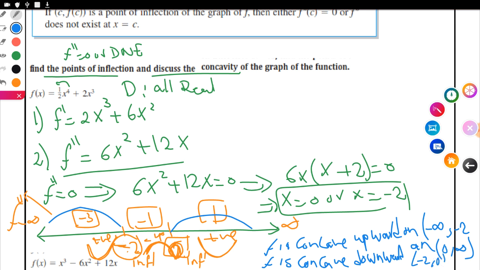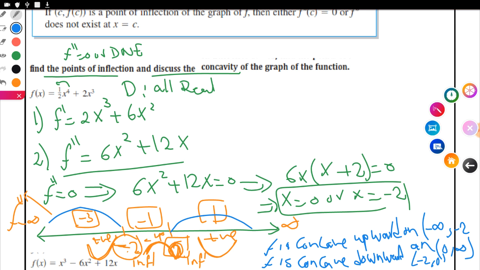But I'm not talking about only the concavity. I'm talking about what else? The inflection point. Here, a point means x and y.